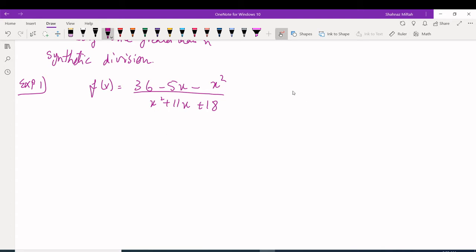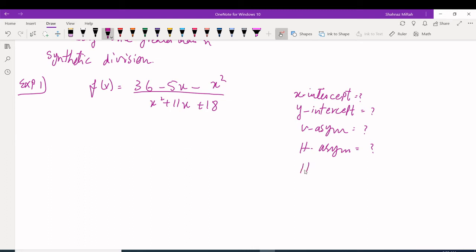The question is asking, find the x-intercept, then find the y-intercept, then find the vertical asymptote, find the horizontal asymptote, and then find a hole, and I'm going to explain that too.